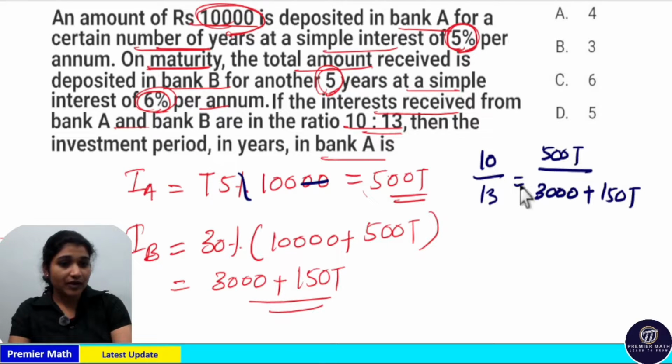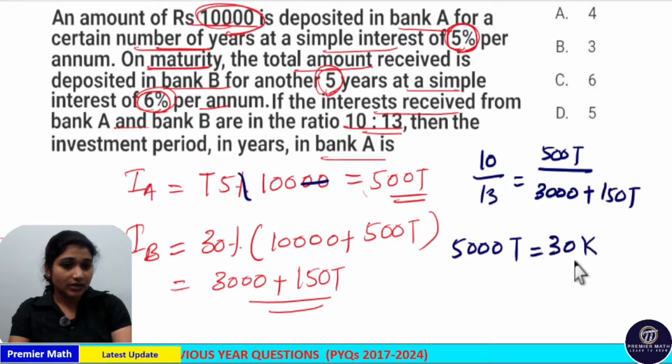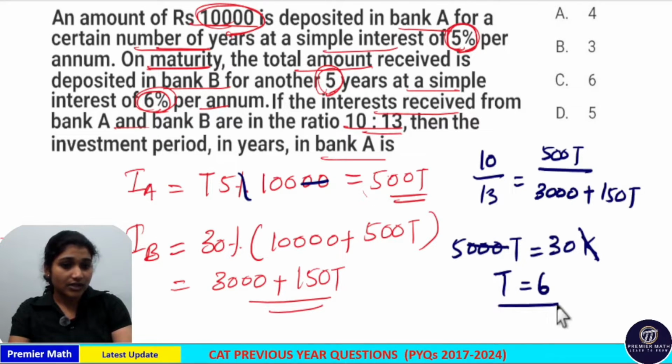So 6500T minus 1500T is 5000T, which is equal to 10 into 3000, that is 30,000. So T is equal to 30,000 by 5,000; the triple zeros cancel, and 5 goes 6 times in 30. So T is equal to 6 years. Option C is your answer.